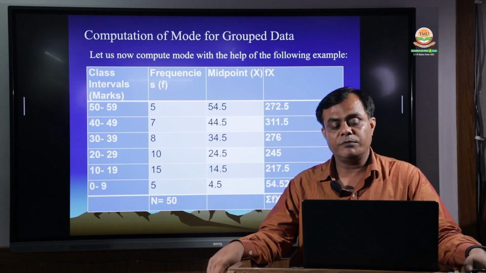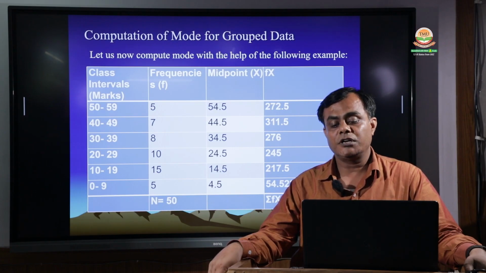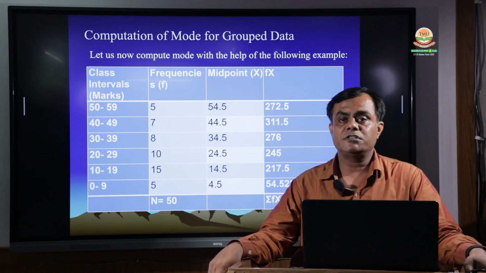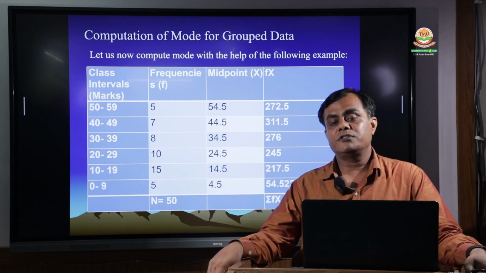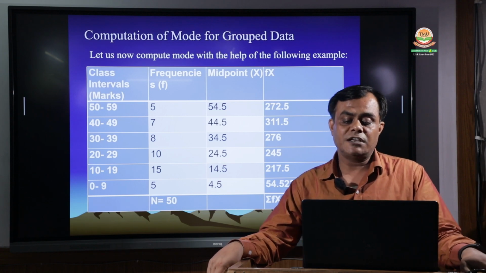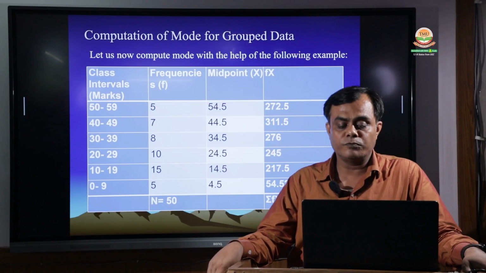On the basis of the mid value and the frequency value, we are going to find fx. f stands for frequency and x stands for the mid value. So fx is the mid value multiplied by the frequency value. For the first class interval, fx is 54.5 multiplied by 5, that is 272.5.